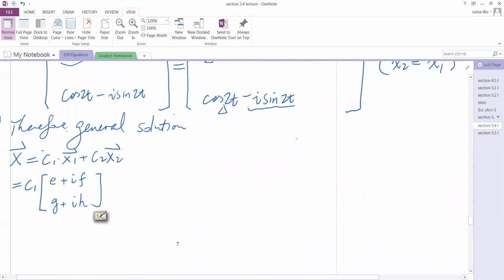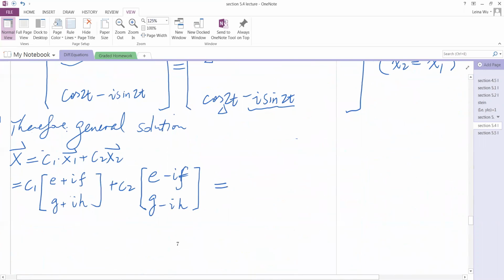We will explain that in a minute. And for C2, because x2 is the conjugate of x1, it's going to be E minus iF, and then G minus iH.